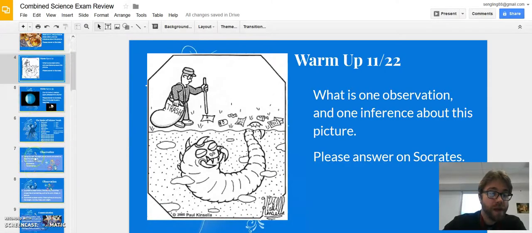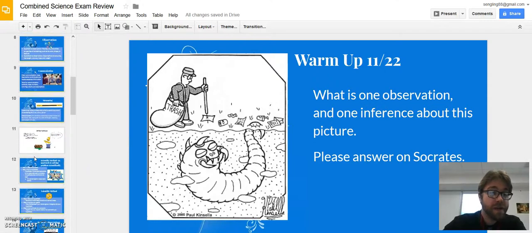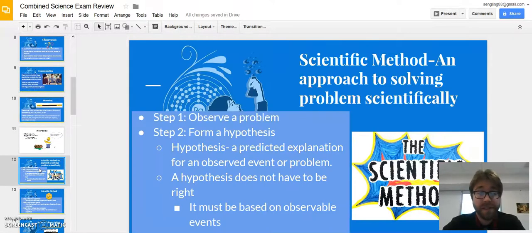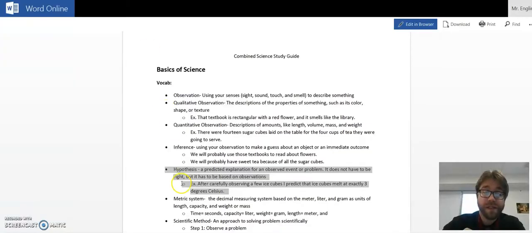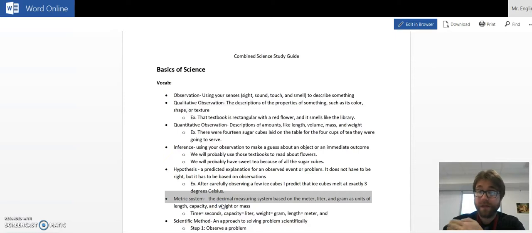So in our slides, I talk about hypothesis when it comes to the scientific method. Remember, a hypothesis doesn't have to be correct. It just has to be a guess made on what you can see. If we're making a guess about an ice cube melting, you have to make a guess about that. It can't be about an elephant or something else. The guess has to be about what's happening in front of you.